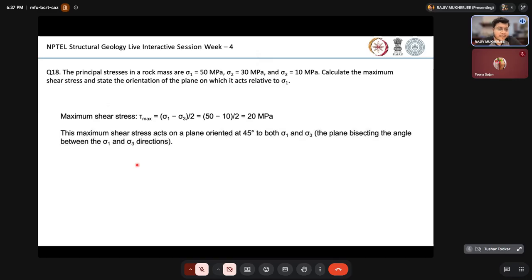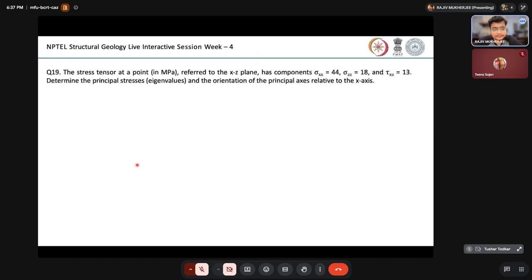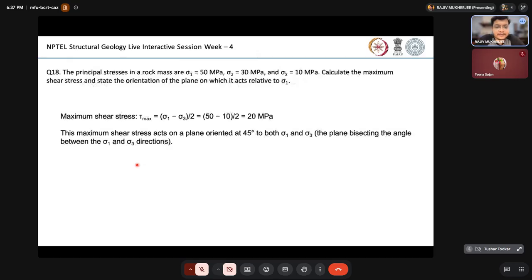And this maximum shear stress acts on a plane oriented at 45 degrees to both sigma 1 and sigma 3. The plane bisecting the angle between the sigma 1 and sigma 3 directions will be the maximum shear stress localization plane, right?